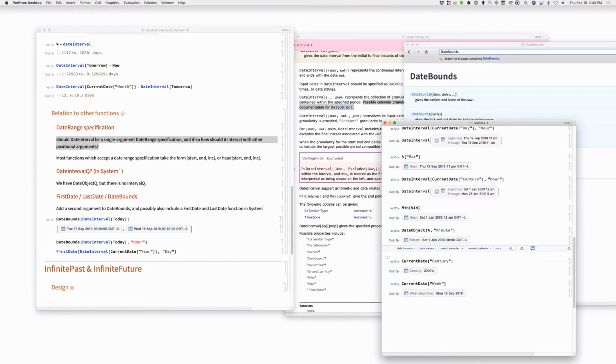I understand what you're saying. The maximum day is the last day of the month. Right. If I then say hour, it will go to the first hour of that resulting date object.